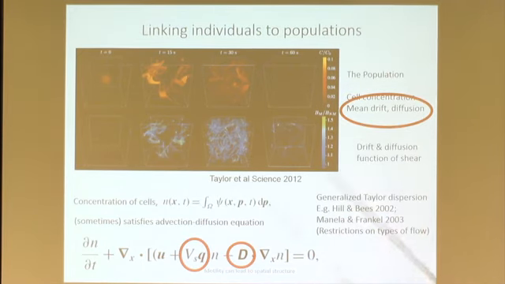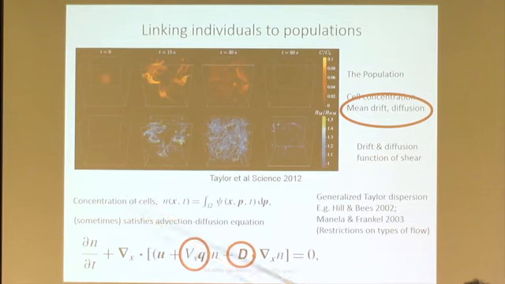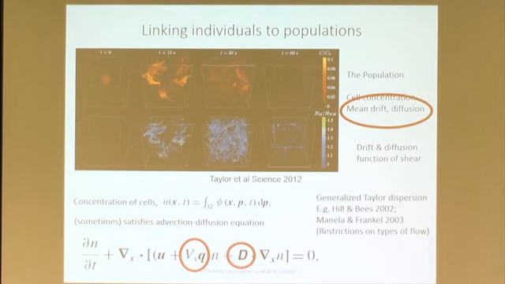However, these mean swimming and diffusion tensor depend on the local shear. Furthermore, here are some references to some work that was done on that. However, it only sometimes satisfies this advection diffusion equation. If the straining component is too strong, it doesn't.